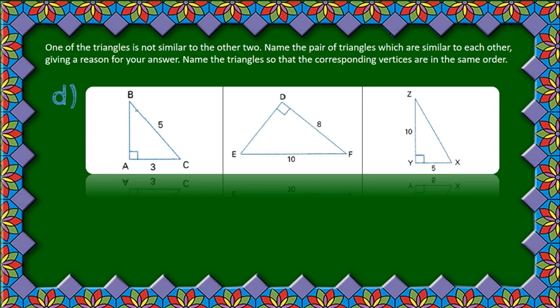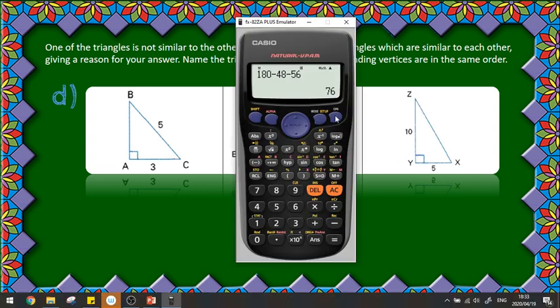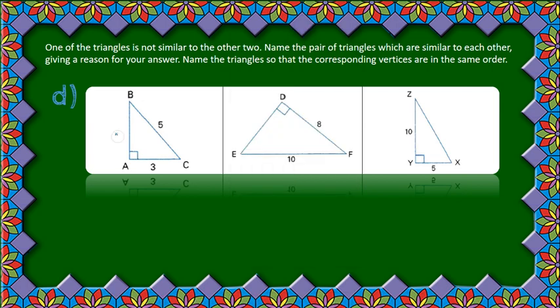Using Pythagoras, this side is the square root of the long side squared, 5, minus the other short side, 3 squared, so this is equal to 4.